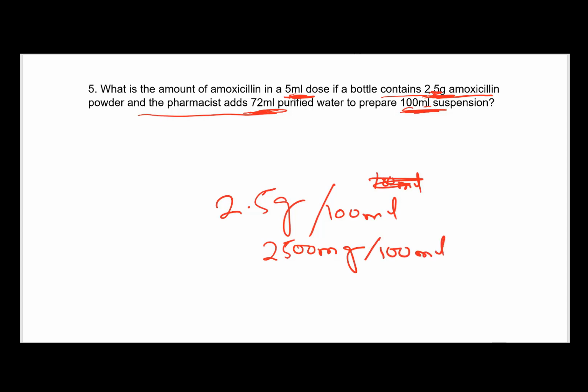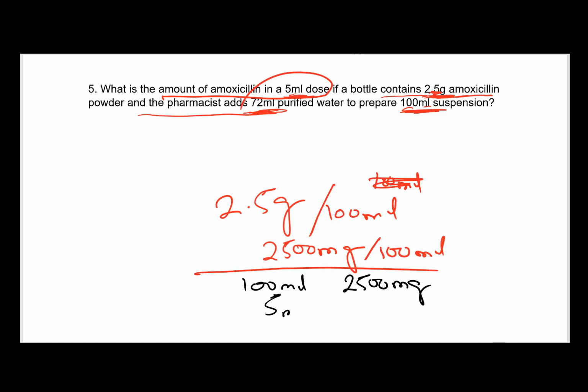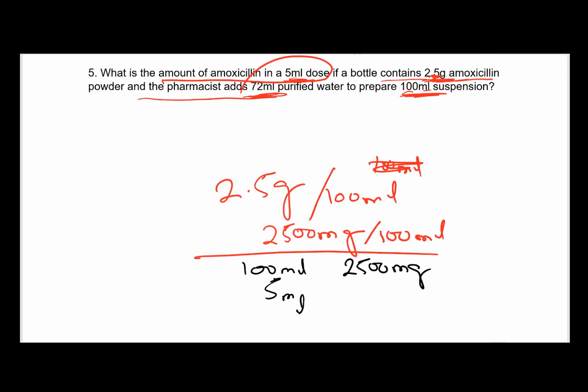The question is simply asking, what's the amount in 5 mils? If 100 mils has 2,500 milligrams, 5 mils will have 2,500 divided by 100 times 5.